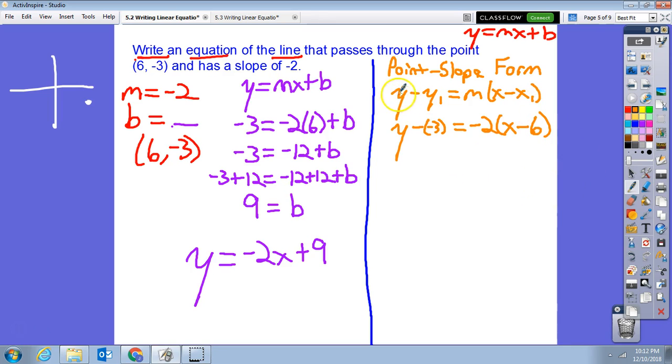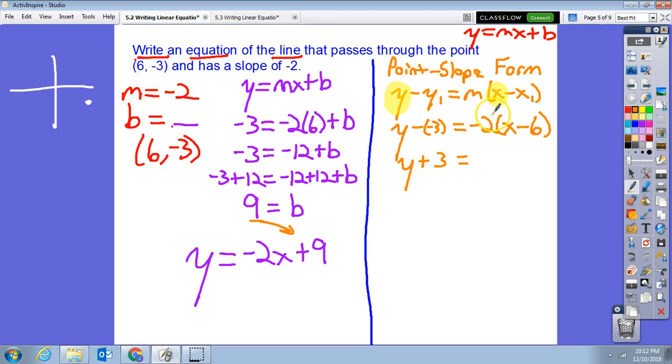Notice this y and this x are variables, because when you finish this form, you will actually have your equation staring you in the face. It's a little different from slope-intercept form, where you actually had to take the b and plug it into your equation. So this is actually minus a negative, so that is plus 3. Remember, negative times a negative is a positive.